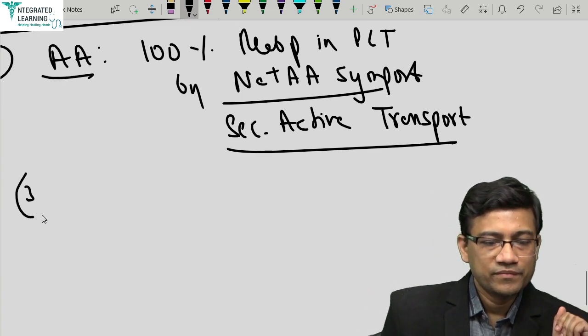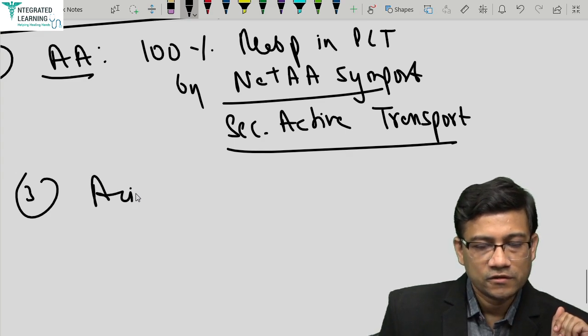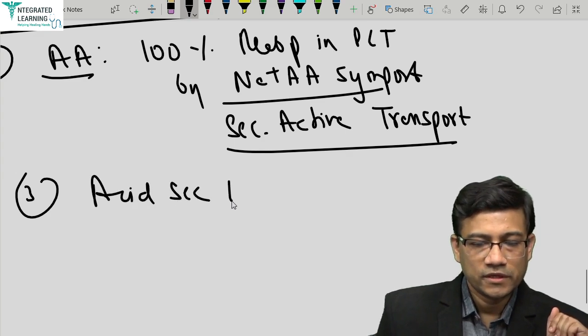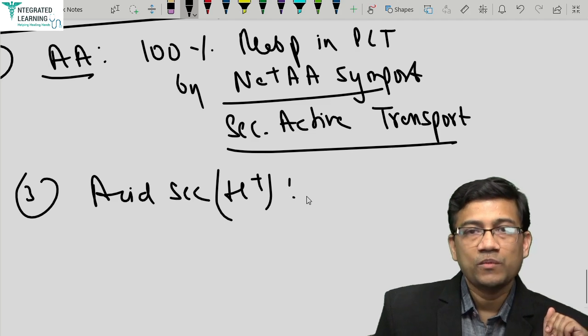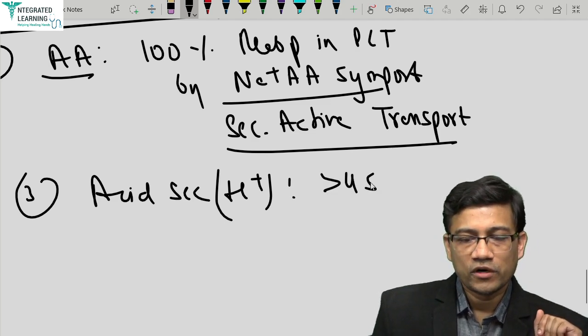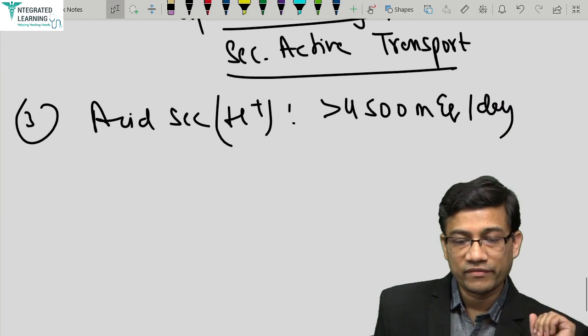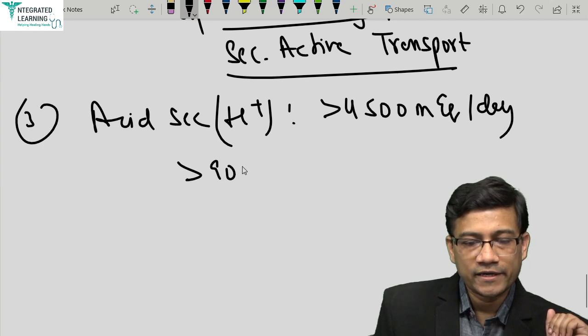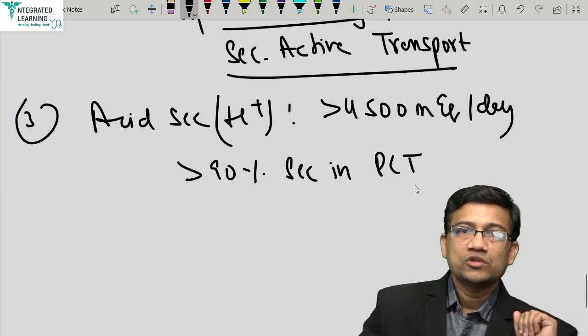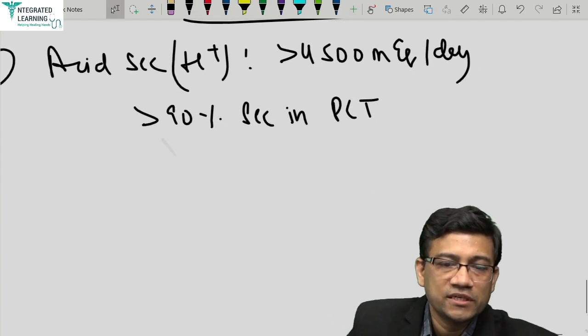Now number 3, we have acid secretion, that is H plus. How much? It is more than 4500 milliequivalents a day. So daily you secrete more than 4500. More than 90% is secreted in which area?